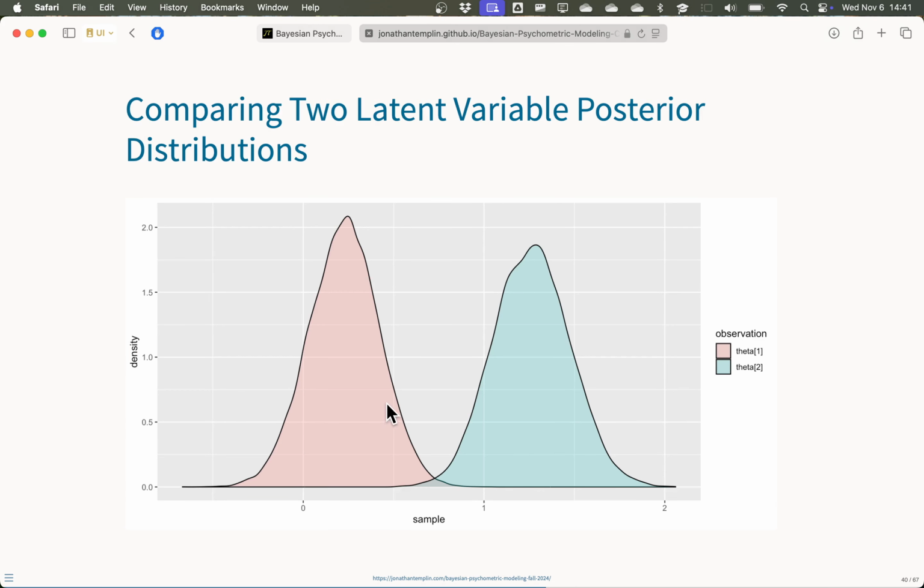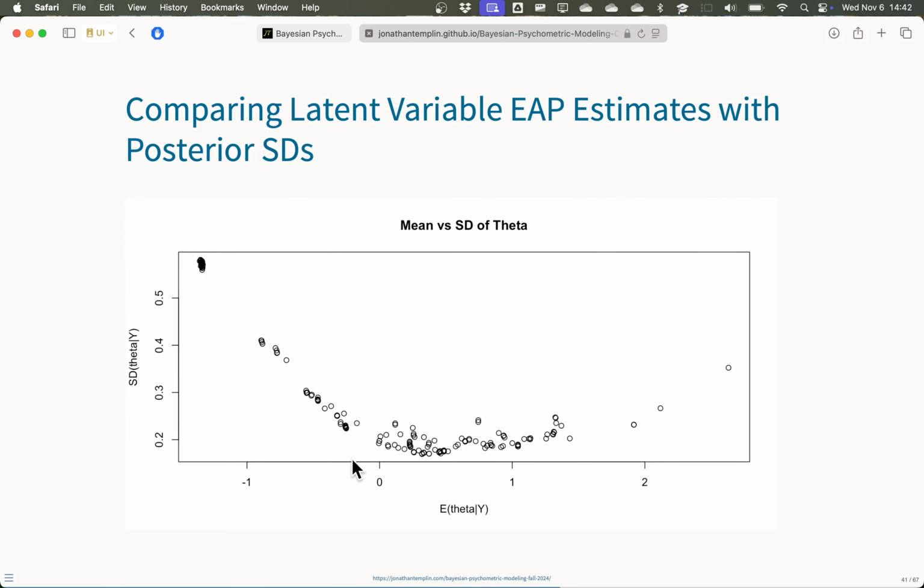One thing I will note is it's hard to tell here, but the posterior standard deviation is different between these 2 thetas. And that's because, just like in the binary distribution models, the posterior standard deviation is related to the location of theta, sort of the mean of theta. And we can see that in this plot here.